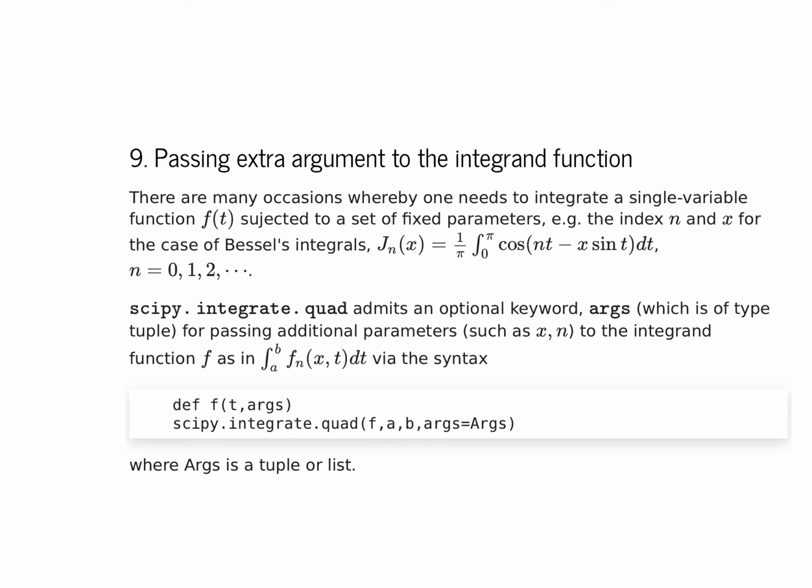So if you define your integrand function, say my_function, to accept t as its first argument, and then another argument that will receive this tuple of parameters, you would call quad like this: scipy.integrate.quad(my_function, lower_limit, upper_limit, args=parameters_tuple). This is a very flexible way to perform integrations when your function has such dependencies.